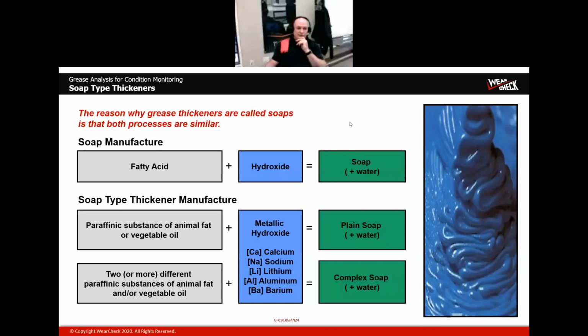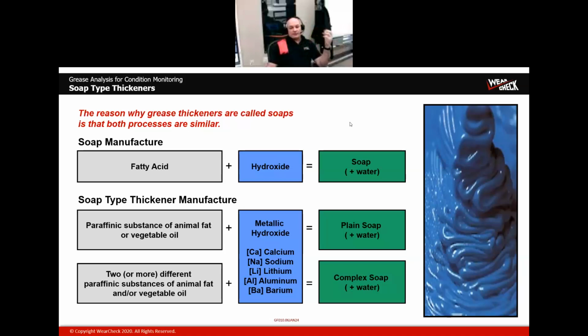In the case of lubricating greases, though, the difference is that these fatty acids are high molecular weight stearic acids or hydroxystearic acids. And the hydroxides are metal hydroxides. So we're combining them with something like a lithium hydroxide or calcium or sodium. And that's what provides the type of thickener we have. So we refer to these as calcium greases or lithium complex greases.